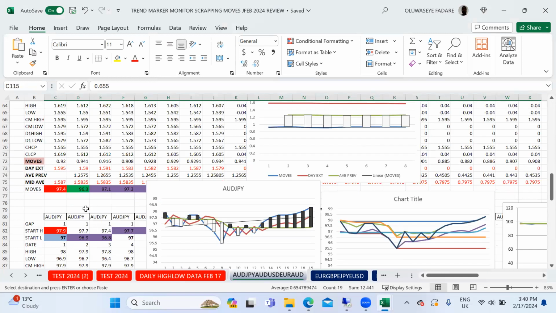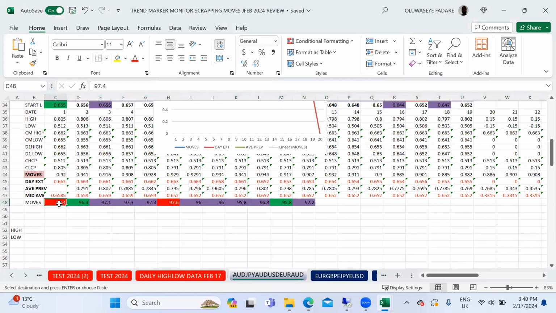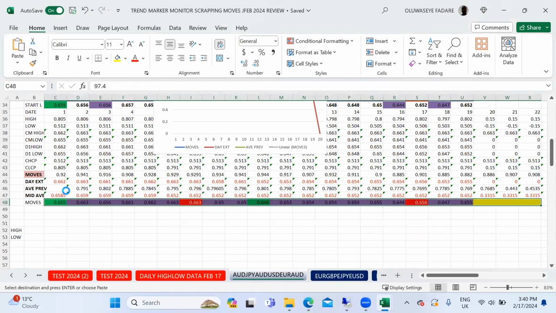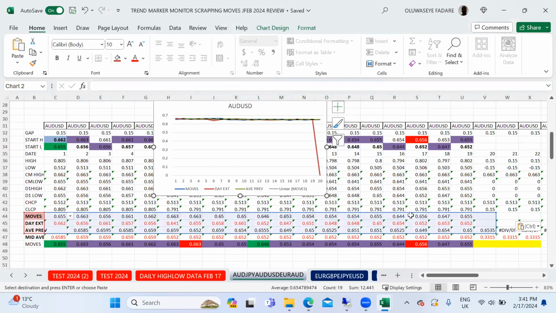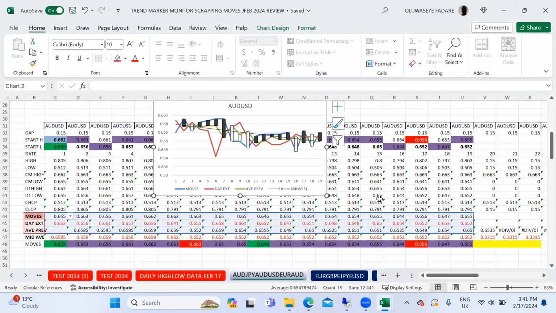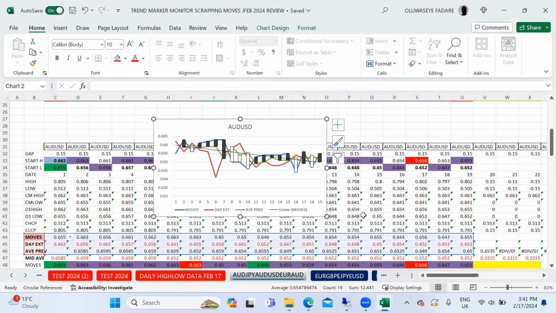Then we go back up again to here, copy it here, paste it here. Can you see? And also we paste it here as figures. Good, so let's get our charts back on track. Now this is the information of the market, as you can see.